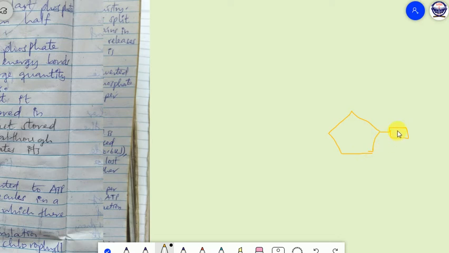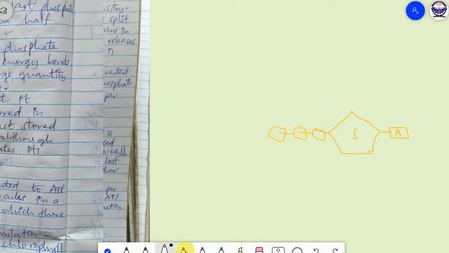Here the base adenine, here the sugar, and here we have three phosphates, first phosphate, then second phosphate, then third phosphate.